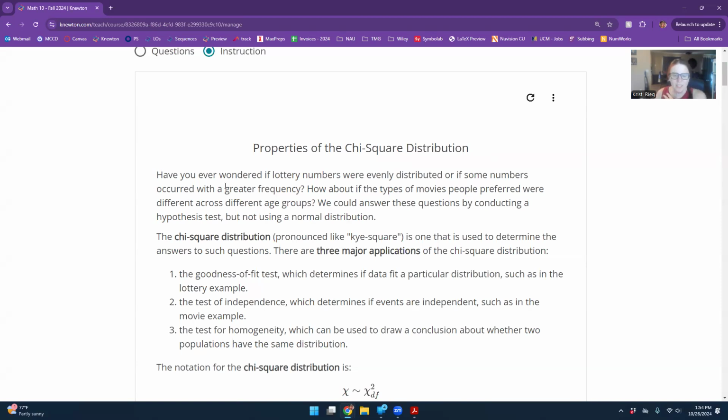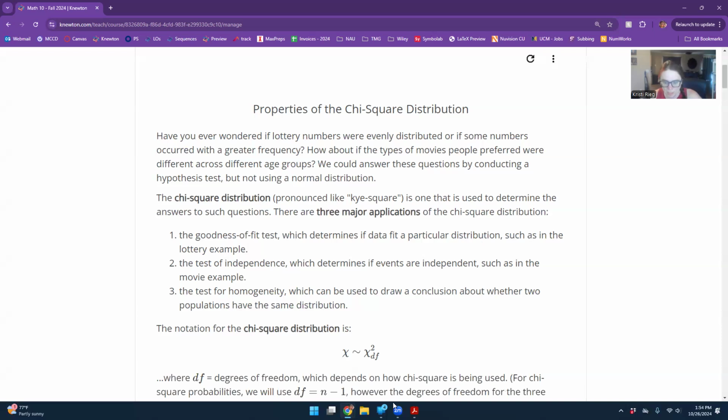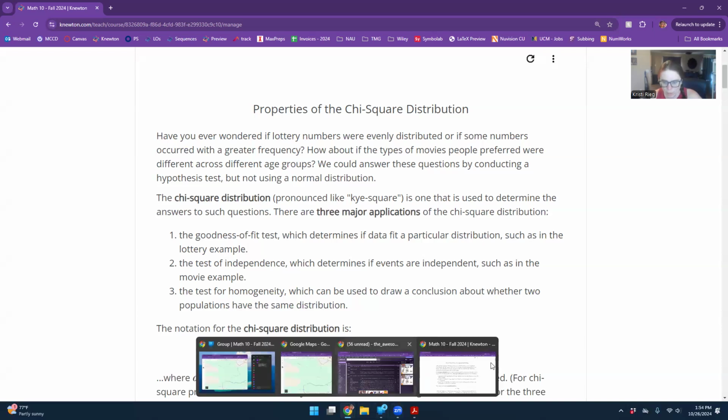In the lottery example, I guess it depends on the type of lottery, and there are so many different kinds of lotteries that I can't even make up an example. We'll talk about categories in the next video much more specifically. Today, we're just going to practice degrees of freedom. Okay, let's go back.